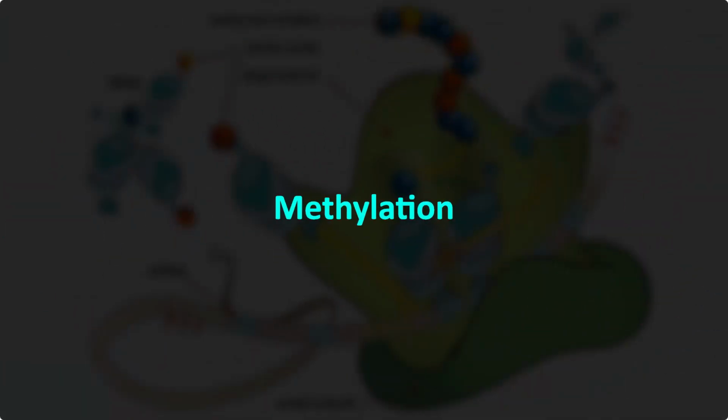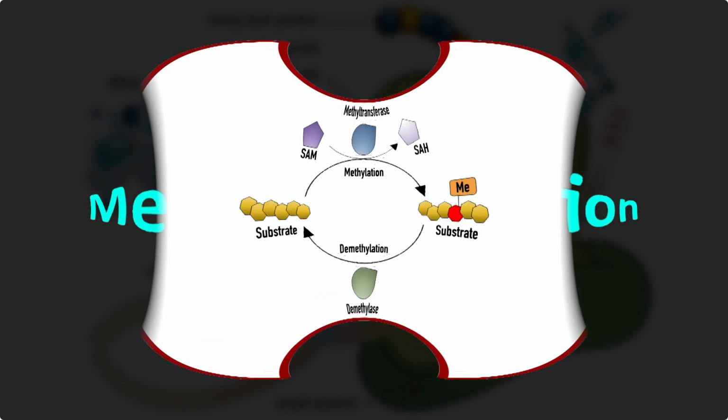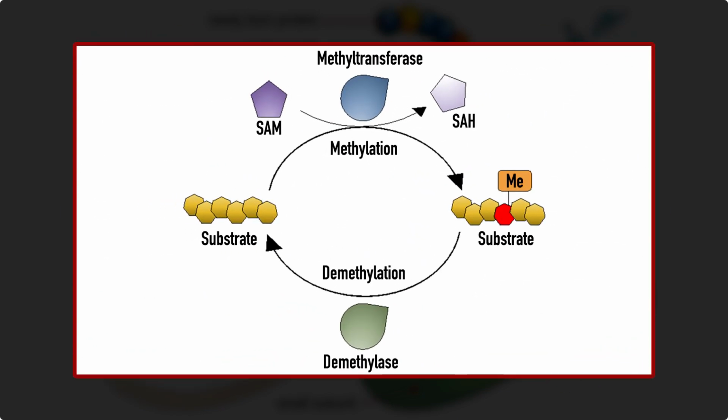Dear students, let's now discuss about another post-translational modification, that's methylation, in detail. Research on methylation dates back to 1939, but with the identification of new methyltransferases such as protein arginine methyltransferases or PRMTs and histone lysine methyltransferases, that is HKMTs, has attracted more and more attention.